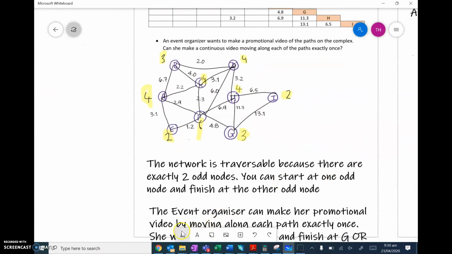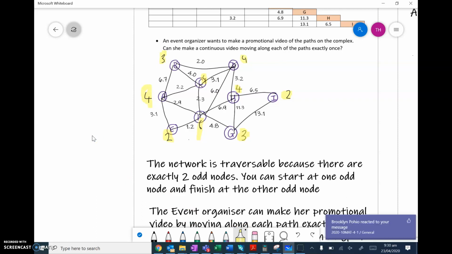So, using a highlighter or a different colored pen, look at your network and start with the shortest route. So my shortest route here, look at all my numbers, is 1.2. Now you might make a mistake because it's really hard to see, so you have to be very careful.